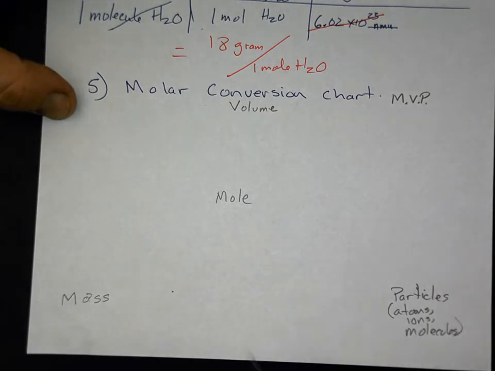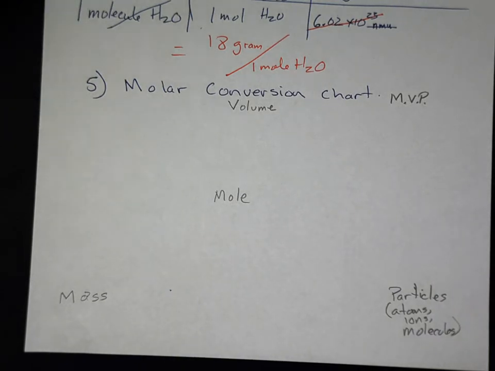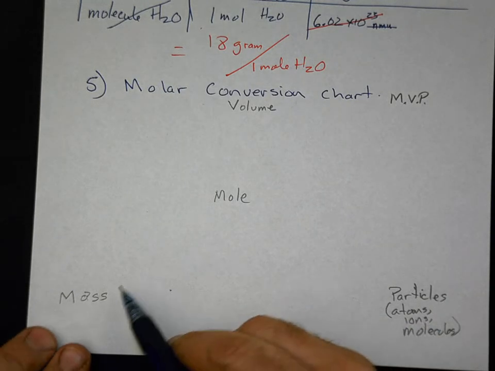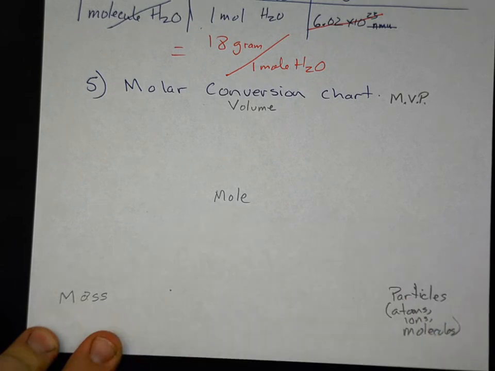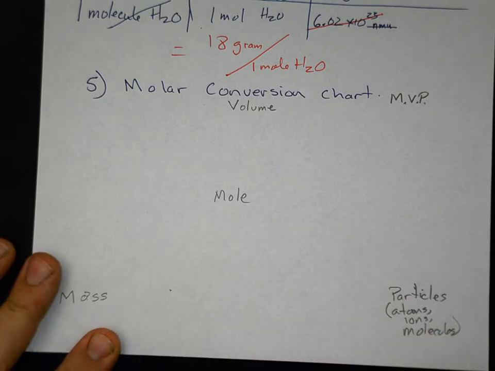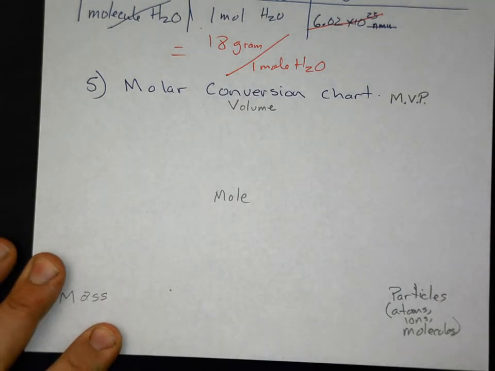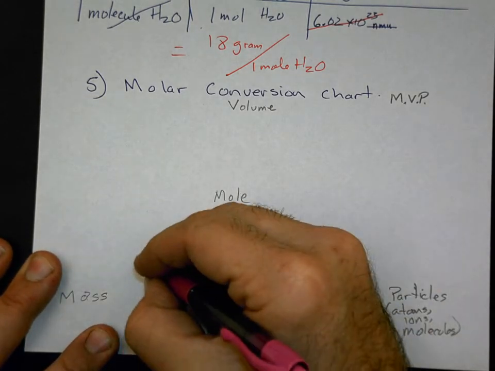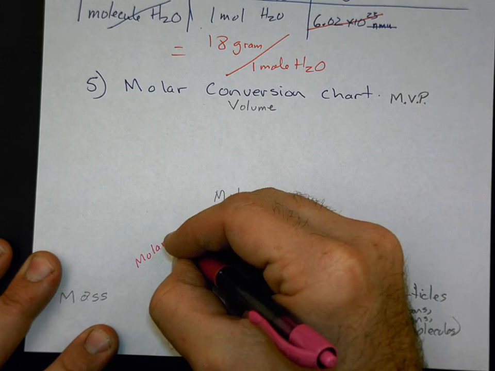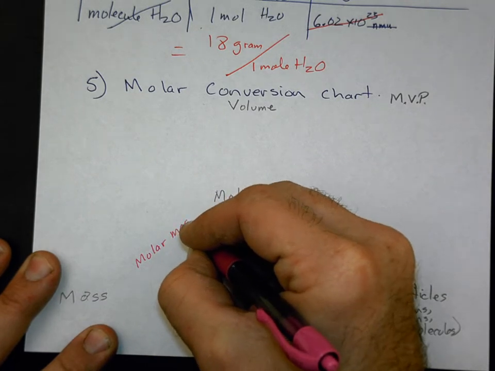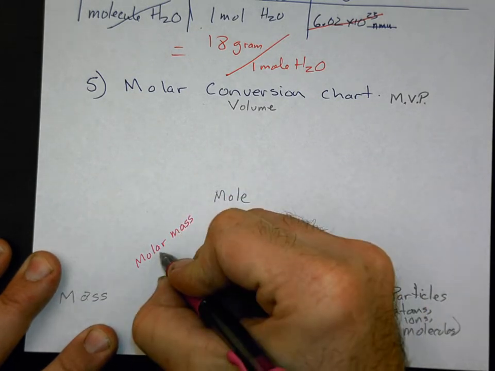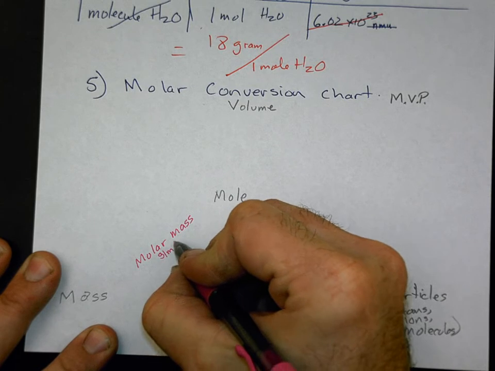Now between each of these, in a couple of them we need to put the conversion factors. Between mass and mole, we're going to write molar mass, which is grams per mole.